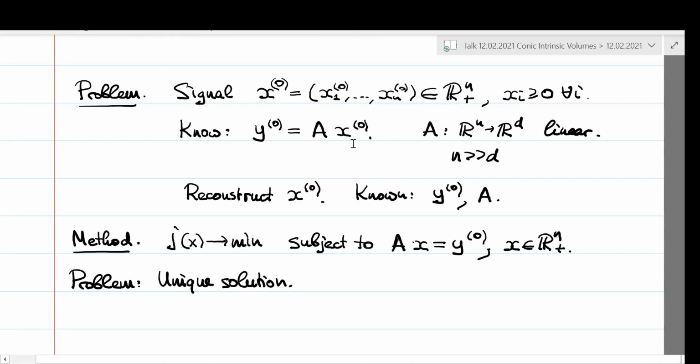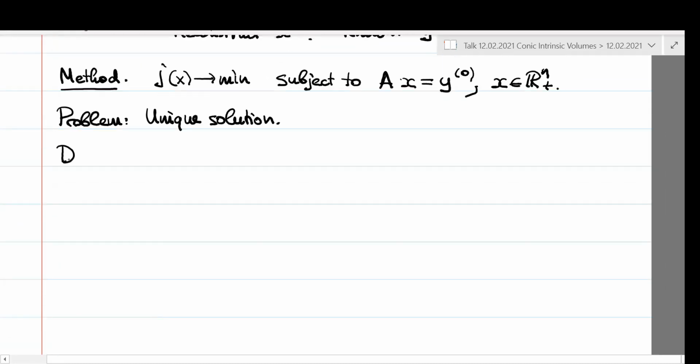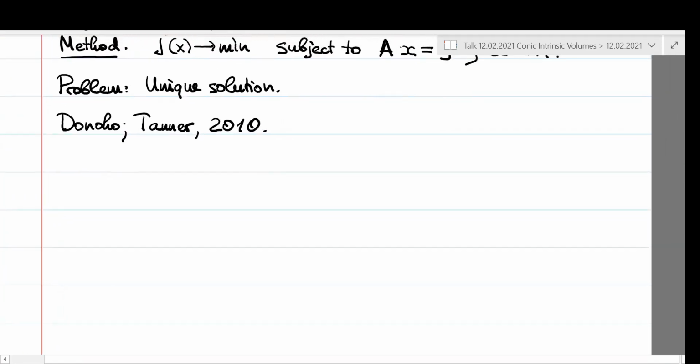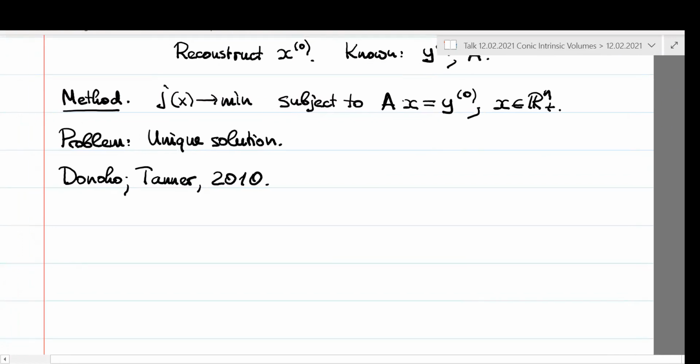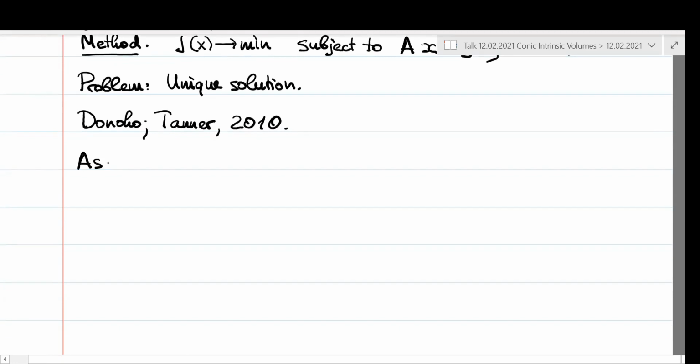And now this problem has been studied among other problems in a paper of Donoho and Tanner from 2010. And the basic assumption we shall need, or they need, is the following.